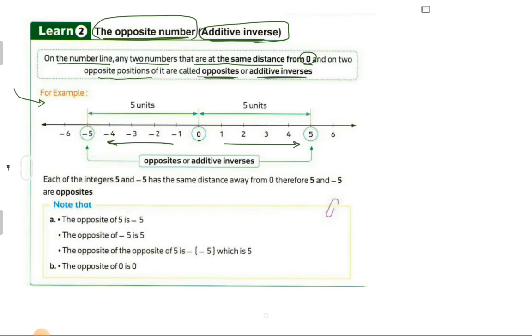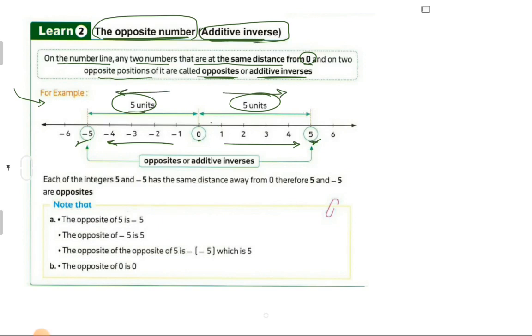Now, in this example, we talk about 5 and -5. What's the relation between 5 and -5? We have here 1, 2, 3, 4, 5 units on the right. Now here we have 1, 2, 3, 4, 5 units. Just 5 units on the right and 5 units on the left.